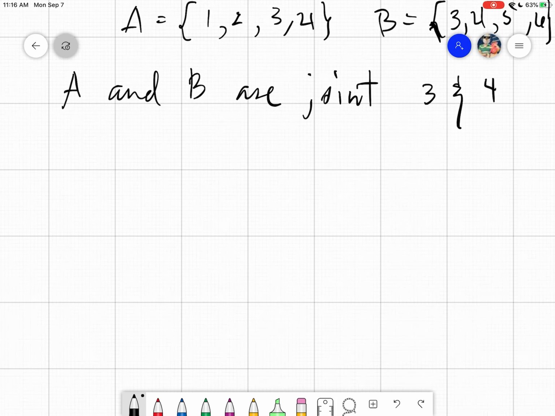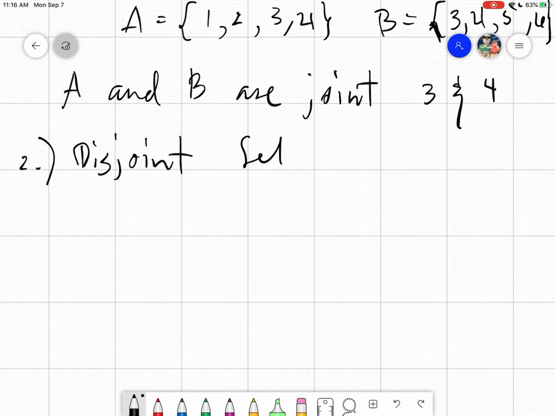Okay? The next one is we have the disjoint sets. Disjoint sets are just simply sets with no commonality between them. For example, we have set A, which is 1, 2, 3.